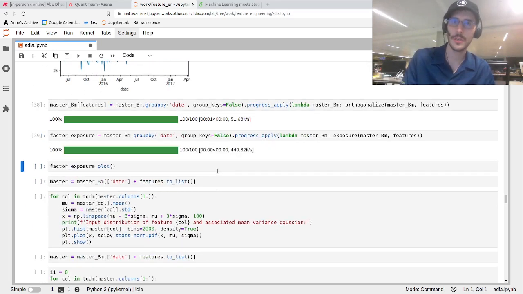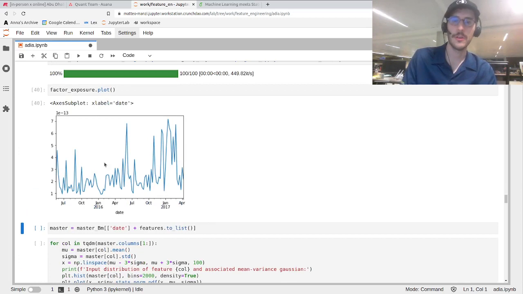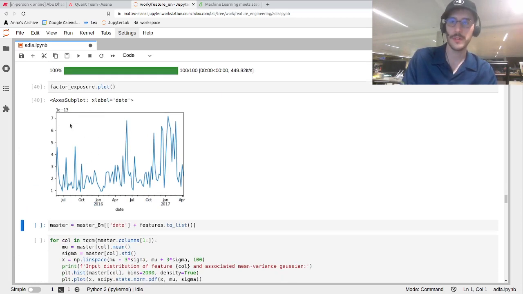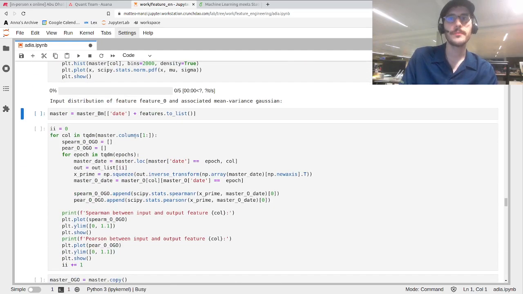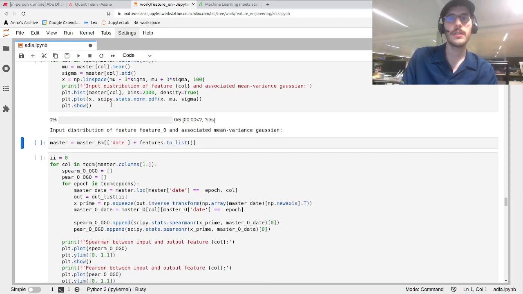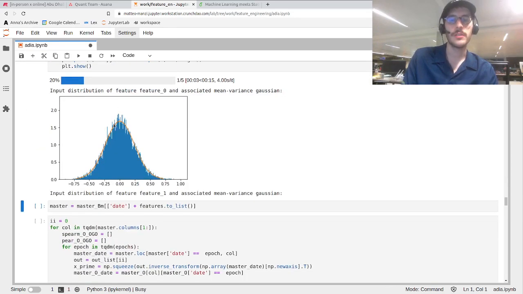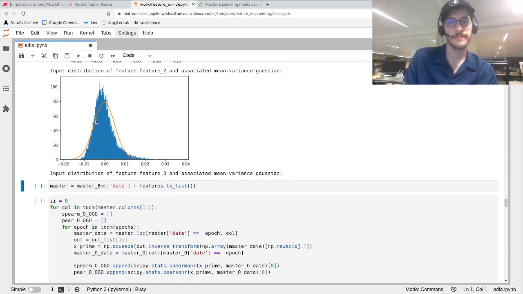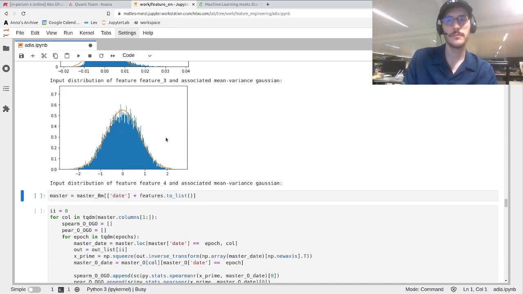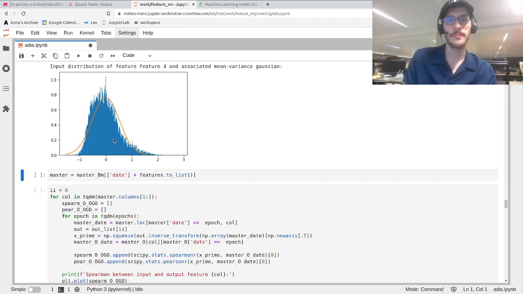That's good news, because we can get out of this part with zero exposure to factors, so zero correlation, but also maintain the Gaussianity. So you see these are the distributions, kind of Gaussian, but overall we are kind of happy.